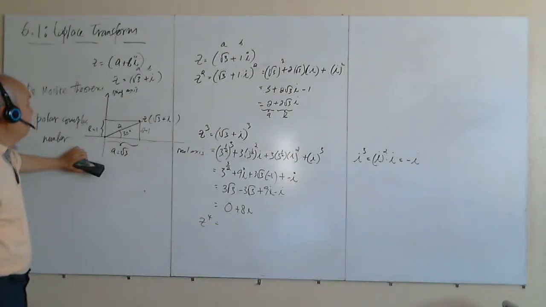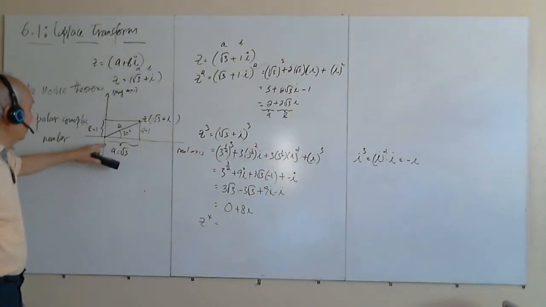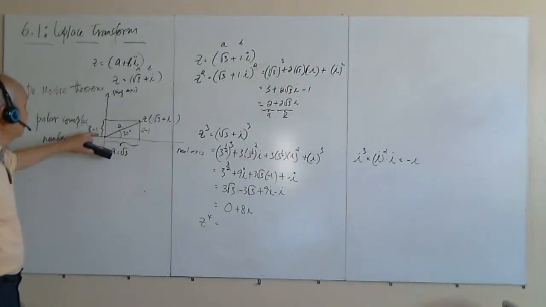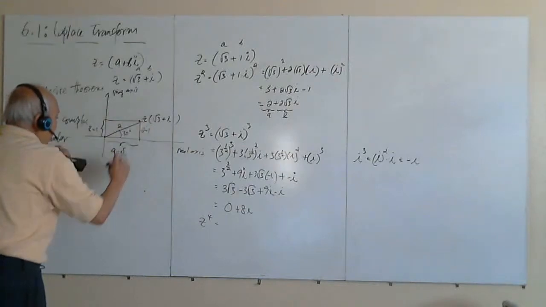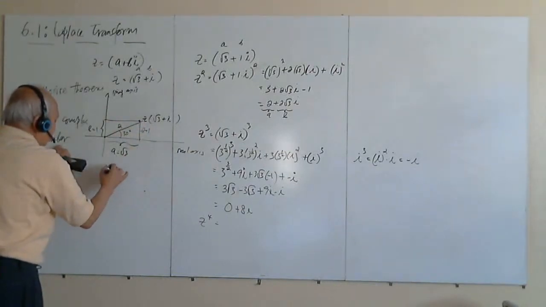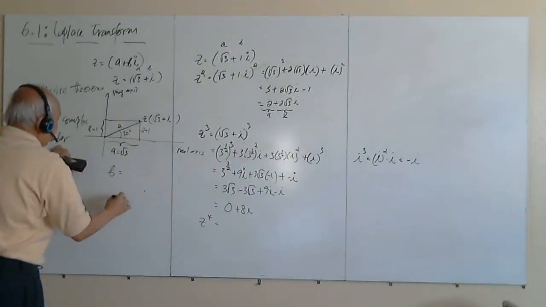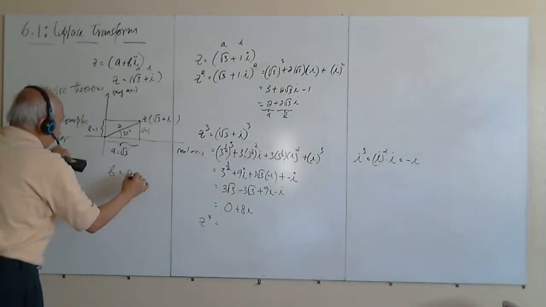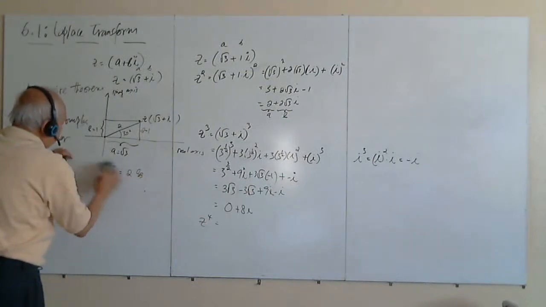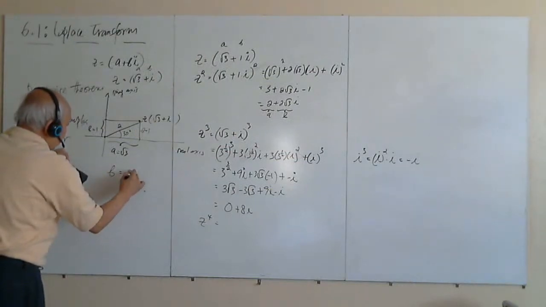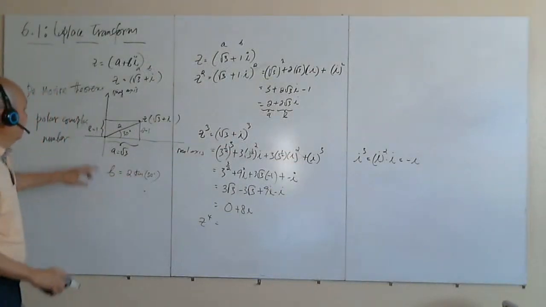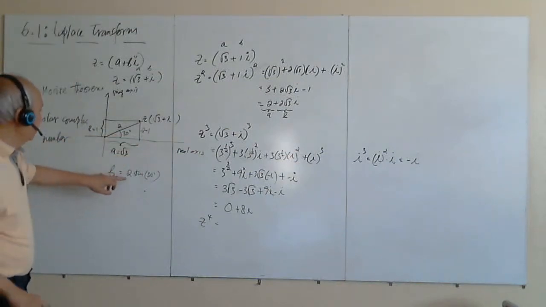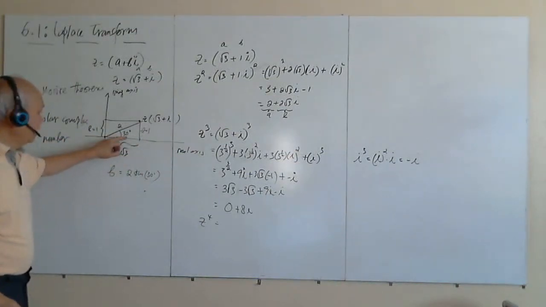The same thing, but instead of looking directly at square root of 3 and i, I'm going to say that the b here is actually the same thing as 2 times cosine, sorry. Am I correct or not? B is actually the same thing as 2 times cosine 30 degrees.